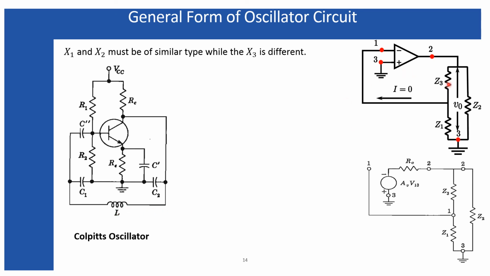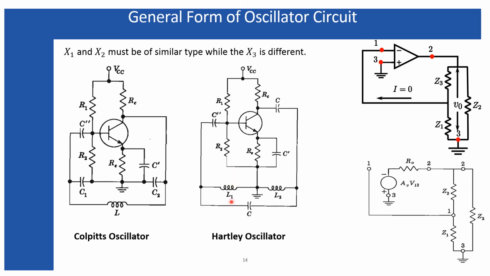One terminal is connected with the output terminal, and another terminal is connected with the input. So this is the inductor, and this circuit is called the Colpitts oscillator. Similarly, if you replace these two capacitors by inductors and this inductor by a capacitor, that circuit becomes the Hartley oscillator.